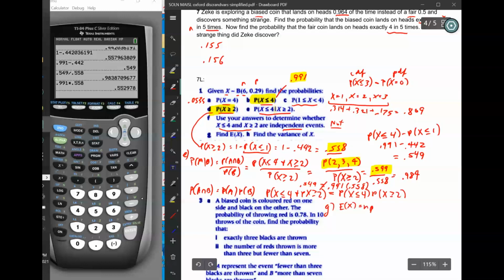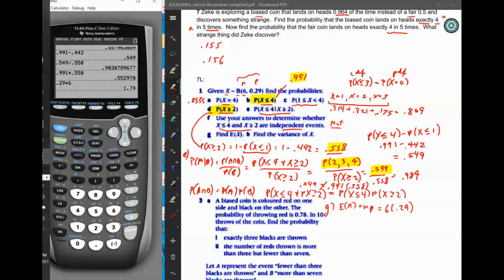In this case, we already know what N and P are. They're given right here. So if we recognize that this problem is when you're supposed to use NP, it's quite easy. You just take 6 and multiply it times 0.29. That will give you the expected value. So the answer is 1.74.